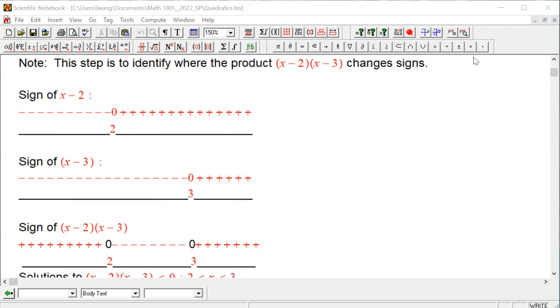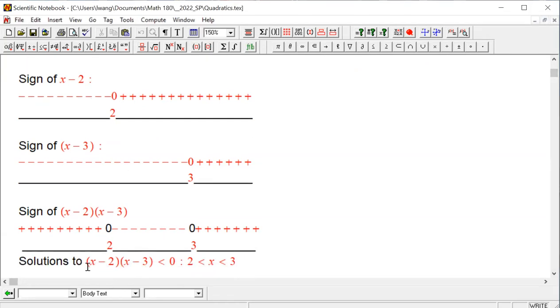It's very visual. And in the end, because we want the solution for the product to be negative, therefore the solution is going to be between 2 and 3, because for these values between 2 and 3, the products are going to be negative. So that's where we find the solution.